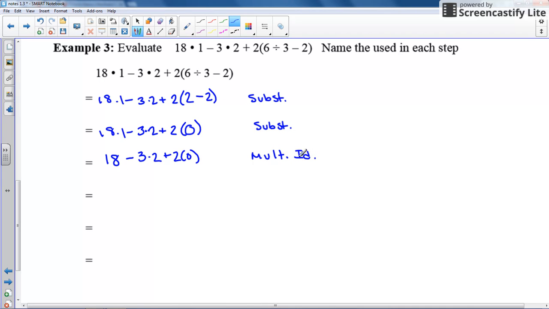Okay, and again, that's more specific than saying the substitution. Then we're going to do the 3 times 2, because remember when we multiply, we go left to right. So 3 times 2 is 6. Well, that one's just substitution. Okay, the next one, we're going to multiply 2 times 0, which is 0. Well, that's the multiplicative property of 0.